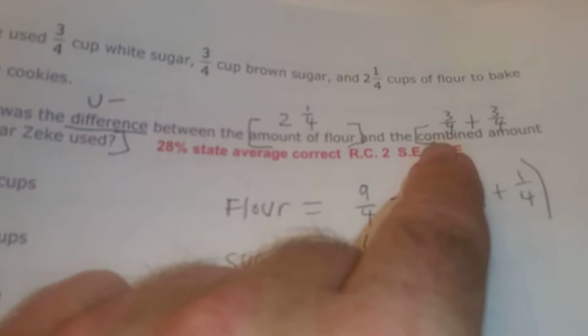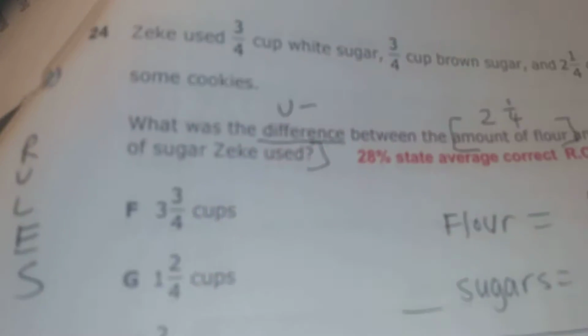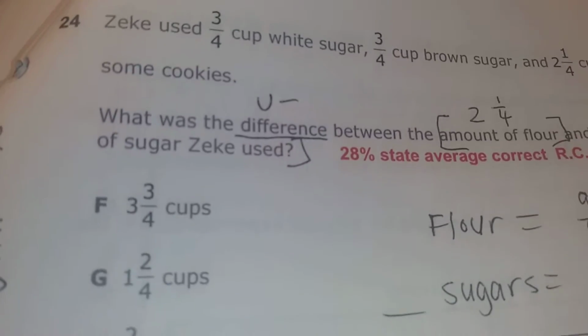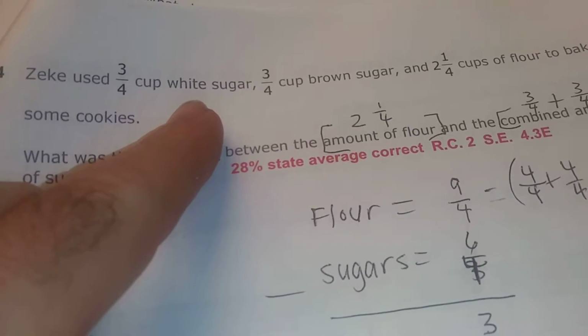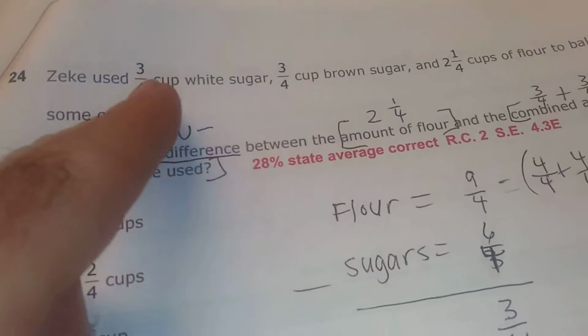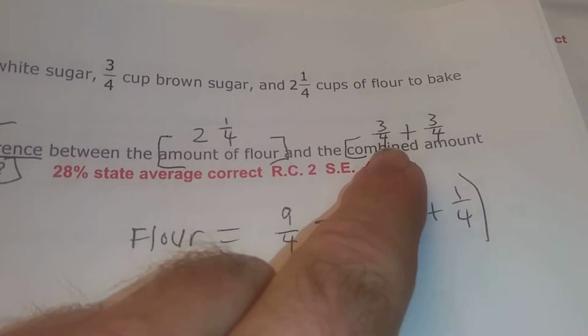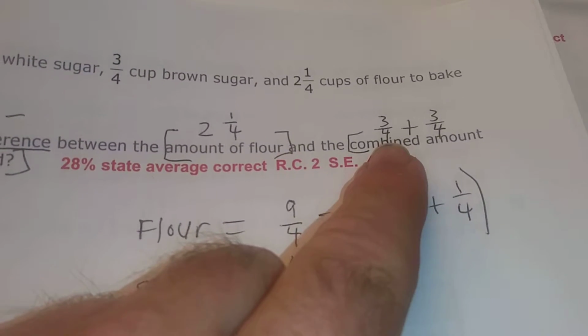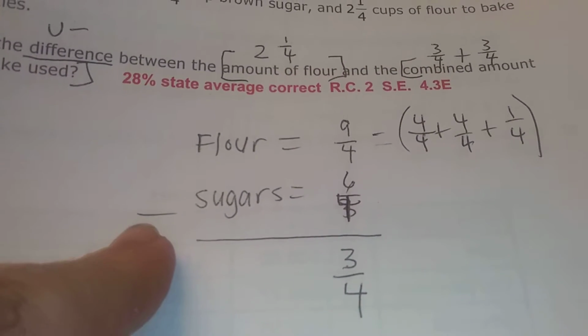And the combined, putting them together, amount of sugar that Zeke needed. So since white sugar and brown sugar are both sugar, combining means put them together. So all we have to do there is put 3/4 plus 3/4. So I have a subtraction problem set up here.